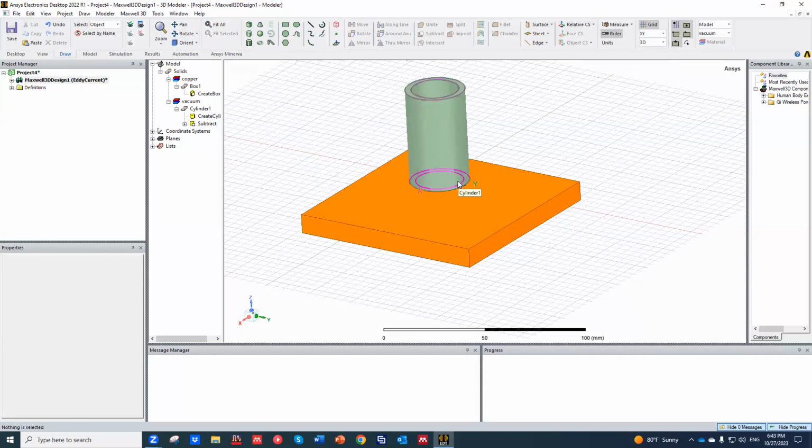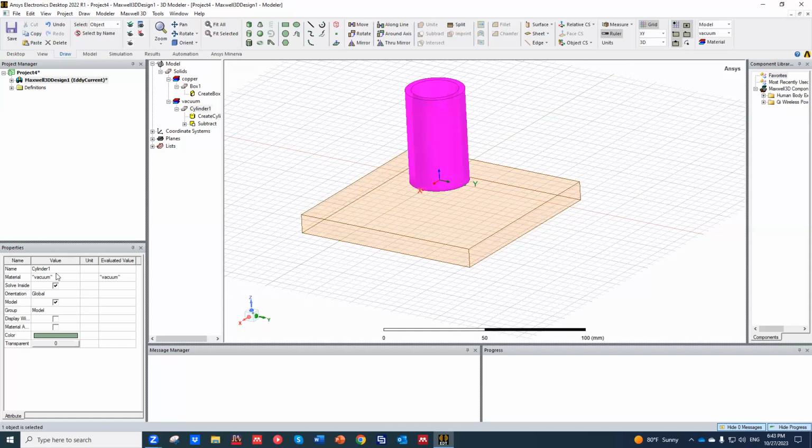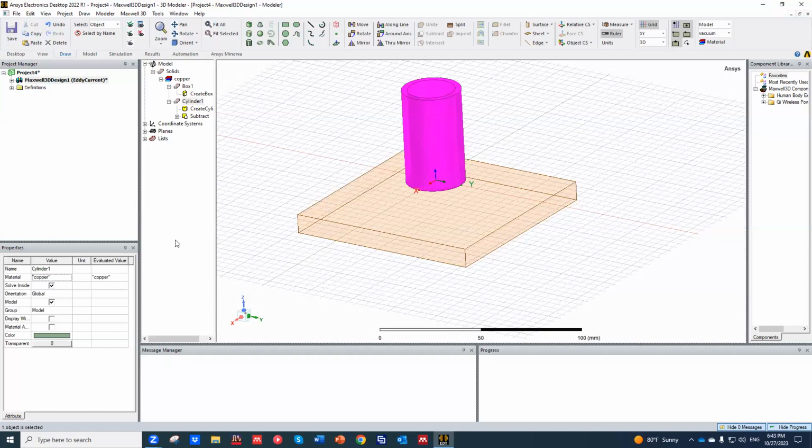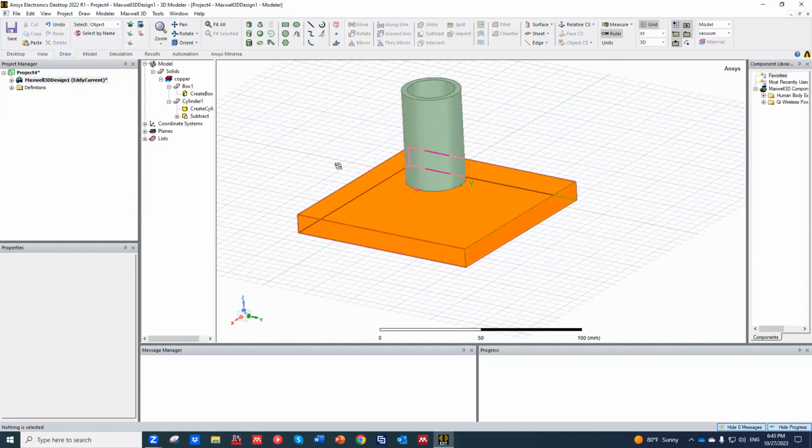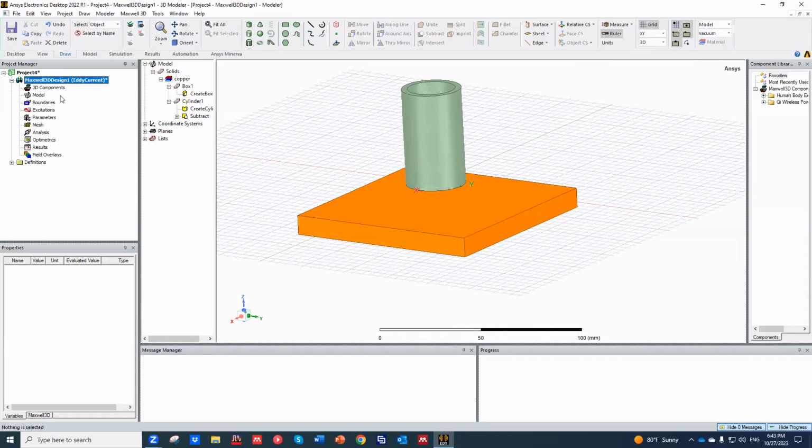So in order to make it a coil, first let's change the material of this one also to copper. Okay, so our coil is going to be made of copper. And now we need to assign or make a winding, right? The actual coil.